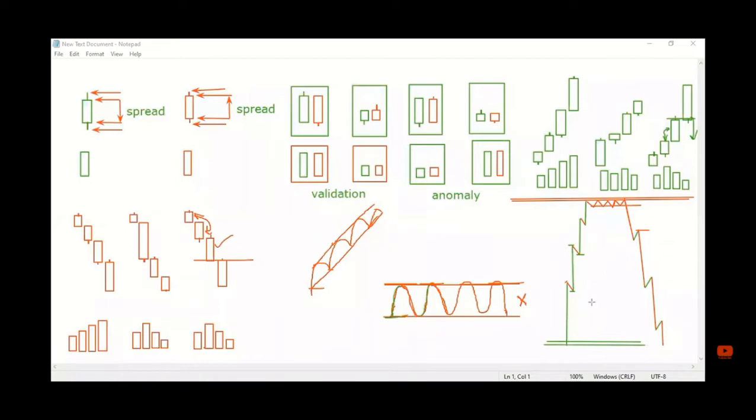So now the main thing is we have to select this type of strong trendy market on the left side, because the market has already created this type of trendy situation after a chart pattern.